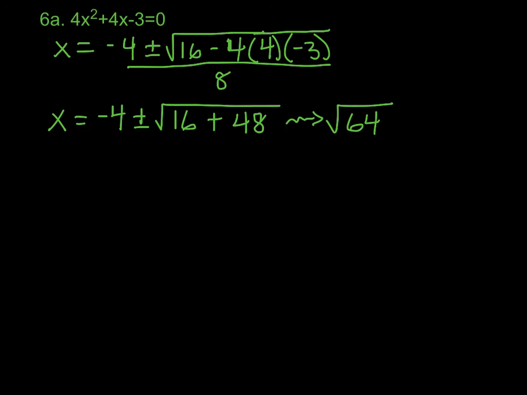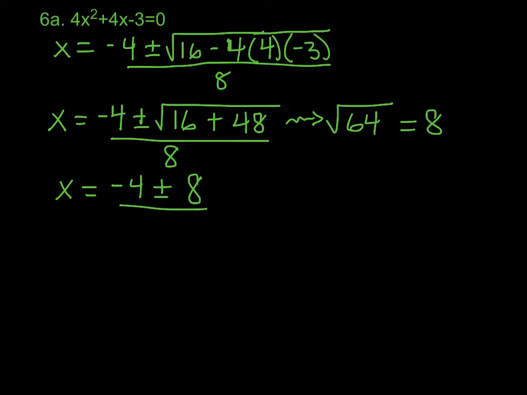Now what you should note here is that the square root of 64 is a perfect square, and that's going to be 8. So let's just bring down that 8 denominator here. So what I really have then is negative 4 plus or minus that entire square root, which remember is 8, and that whole thing is over 8. All right, so now let's split up our answers here.